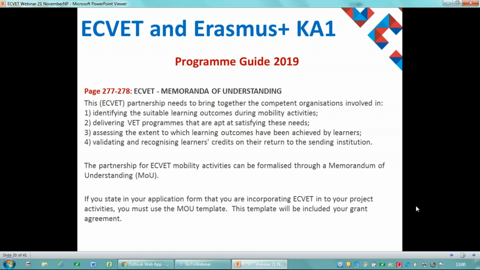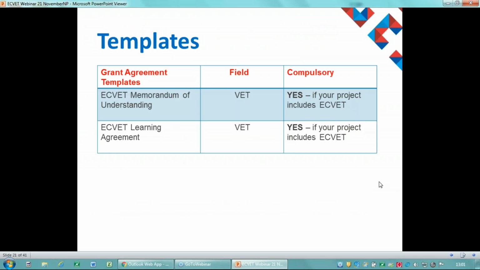If you say in your application form you're going to be using ECVET in your project, and as Phil highlighted, it isn't compulsory, your project attracts funding, you will be sent templates for an MOU and a learning agreement that you will need to use, and these will be sent to you as part of your grant agreement if you're successful in getting funding.